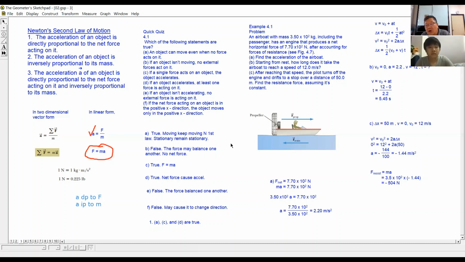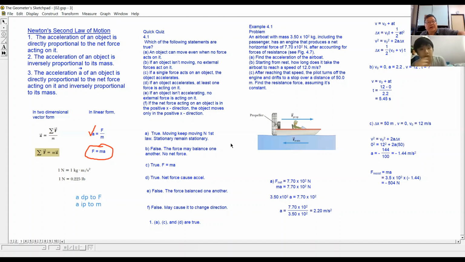But that is not always the case. The force is not necessarily parallel to the motion of the object. The force may be perpendicular or acting at an angle to the motion of the object. So as a result, the object will turn, but not 90 degrees in the direction of the force. It will turn a little bit.